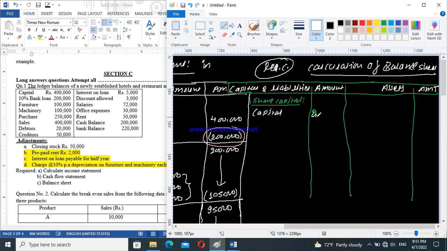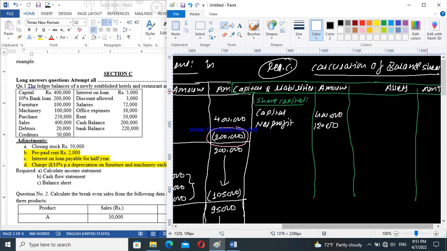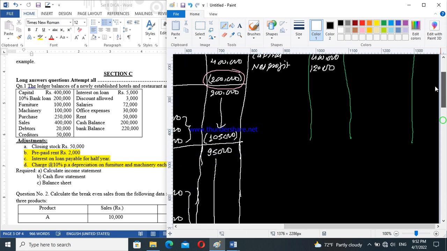Capital we have 4 lakh, and next one net profit 12,000, which was already calculated from our income statement. Let's have a look, which is collected from over here. Okay, this one is the calculation onto our income statement.